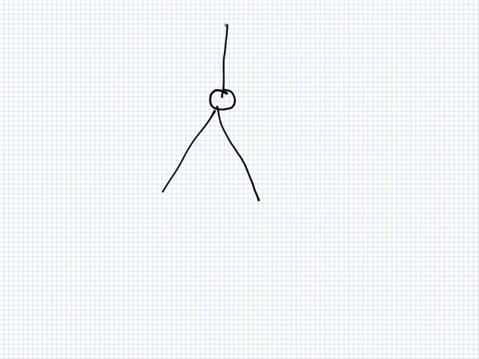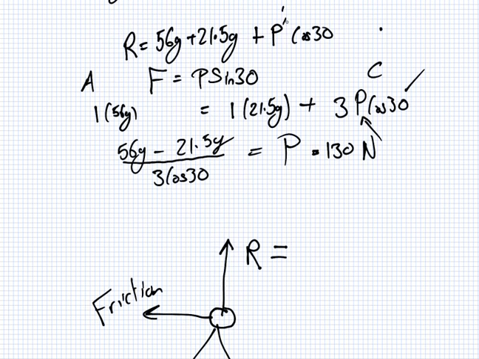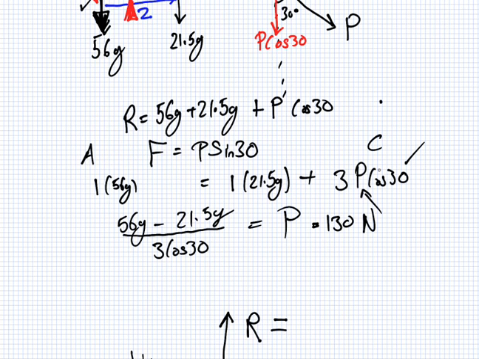The pivot is doing 2 things: pushing up with R and pushing left with friction, F. Now we already know this. Oh no, we don't know it. We know the P, but if I put this answer in here, I can get the F.